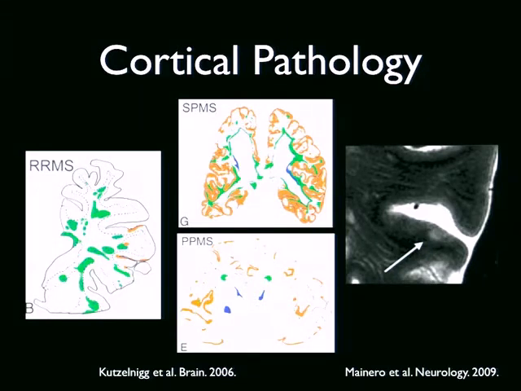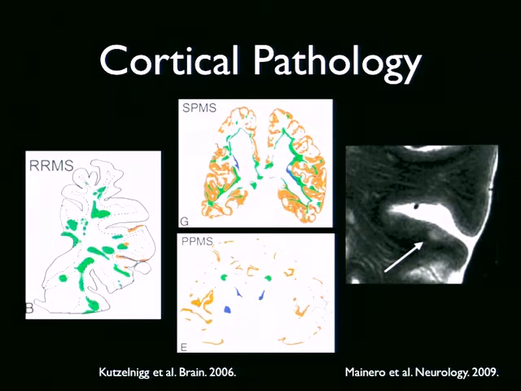So in MS, in recent years, a lot of focus has shifted from this being a purely white matter disease to also a disease that involves the gray matter. And Caterina Mainero has been leading the charge in characterizing patients with regard to cortical pathology.